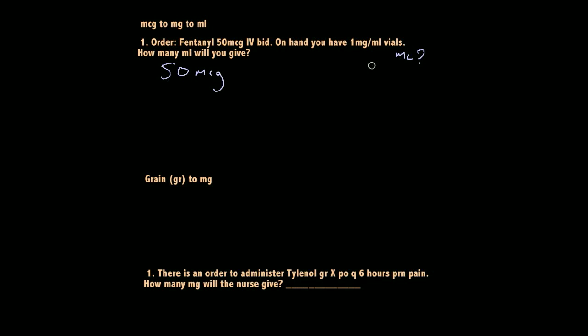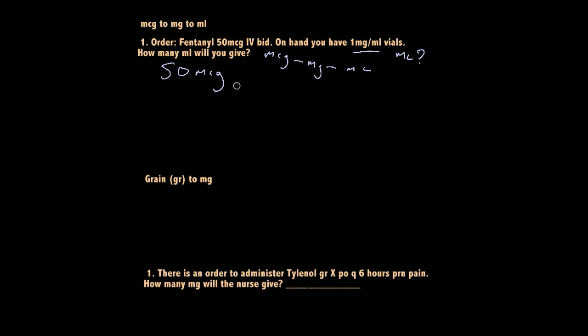You don't typically give too many injections of powder, so you almost will never have your final answer be milligrams whenever it is an injection. So just food for thought there. We're going to start off in micrograms, move to milligrams, and then move to milliliters. That's my roadmap to this problem.